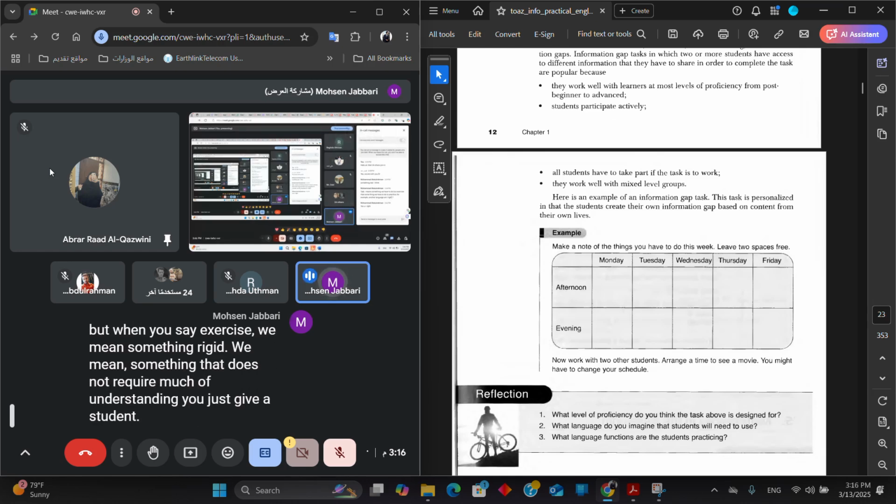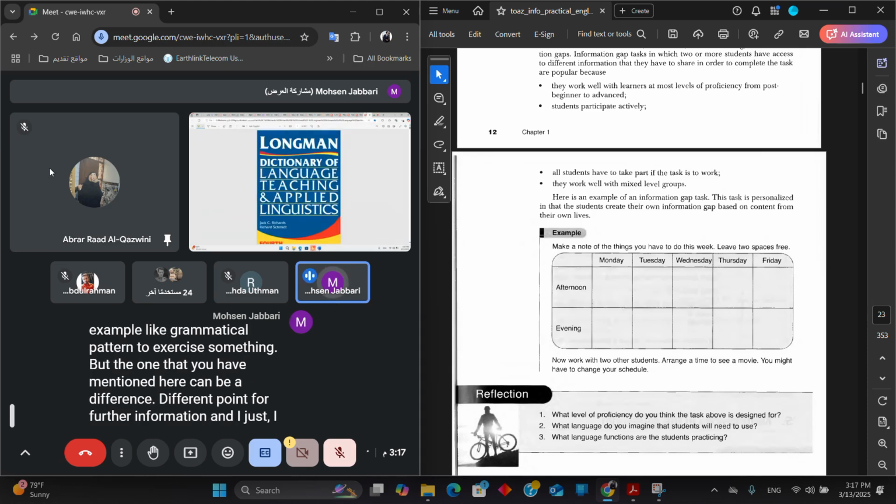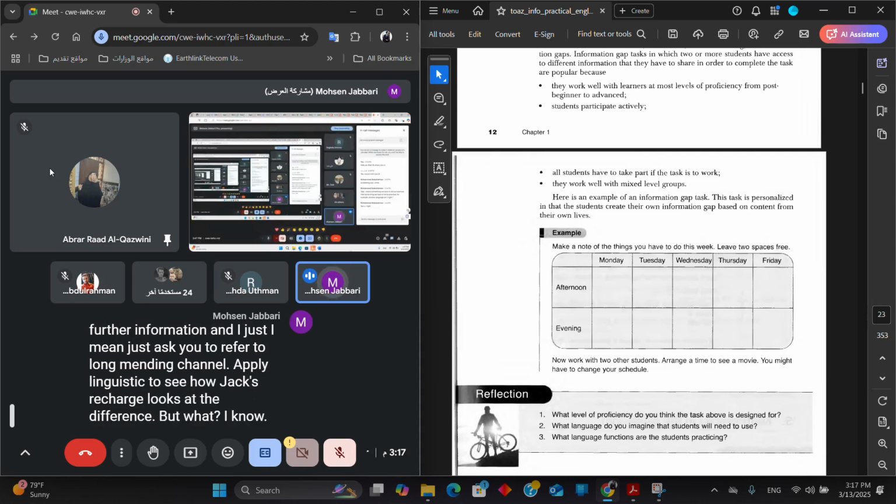You just give students a pattern, and they have to follow that pattern, for example, a grammatical pattern to exercise something. But the one that you have mentioned here can be a different point. For further information, I may ask you to refer to Longman Dictionary of Applied Linguistics to see how Jack Richards looks at the difference. But what I know is this.